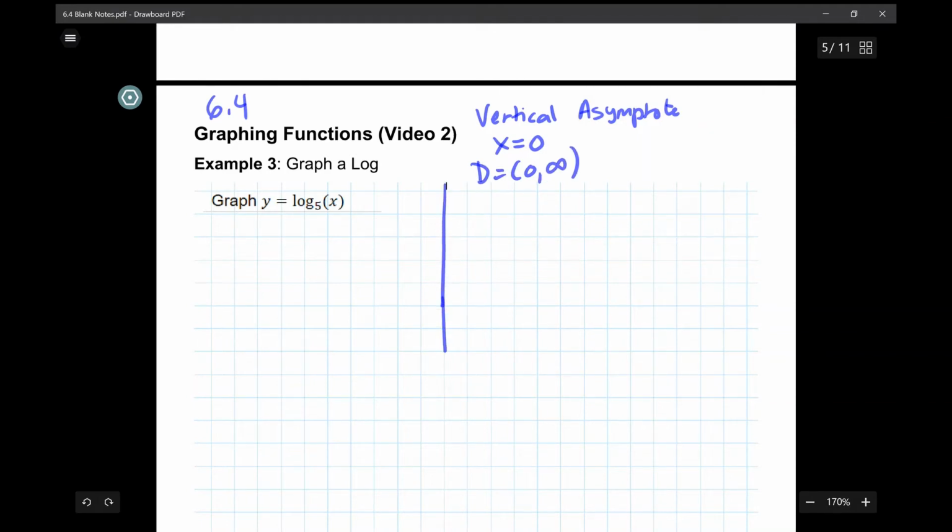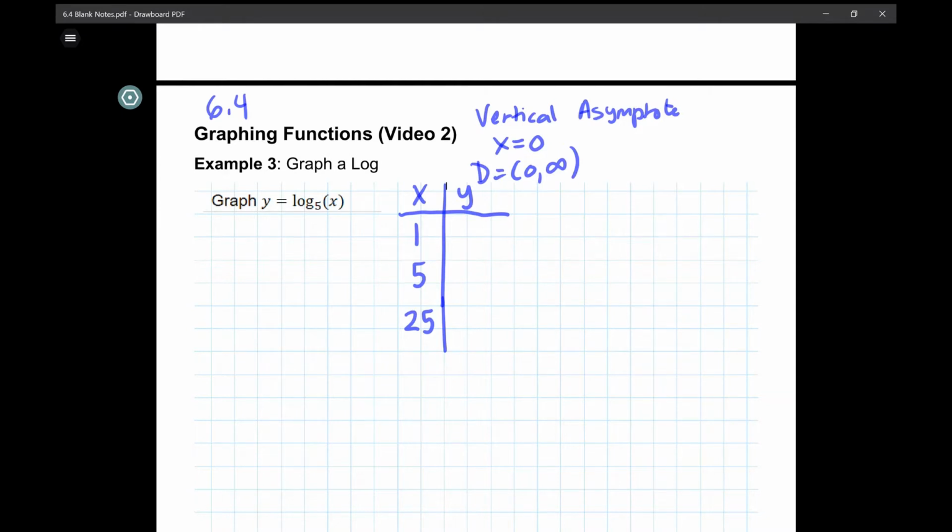We'll graph it below. We're going to pick some x values and compute some y values. There's no point picking 0 because that's not in the domain. So let's pick 1, 5, and 25. I'm picking powers of 5: 5 to the 0, 5 to the 1, and 5 to the 2, so it'll make the computation easier.